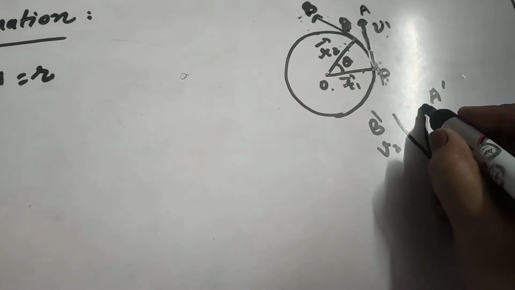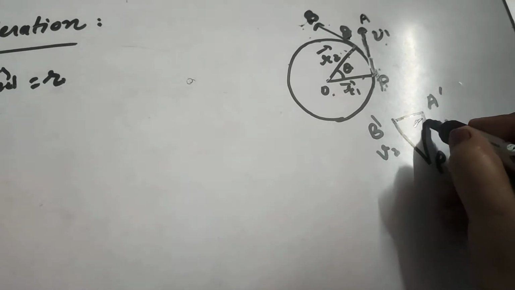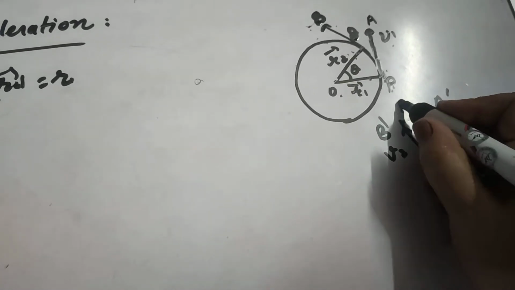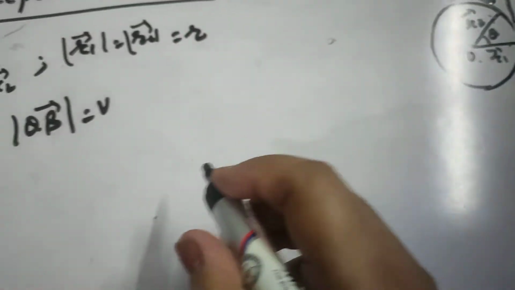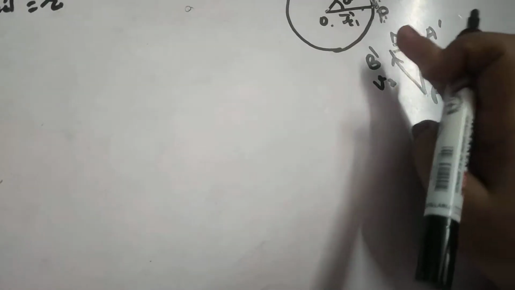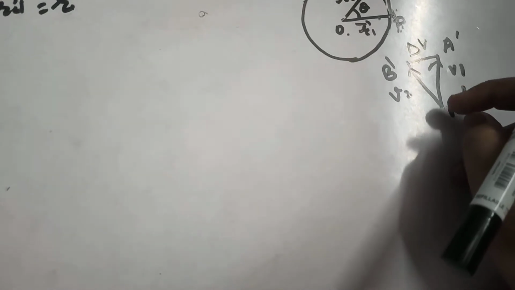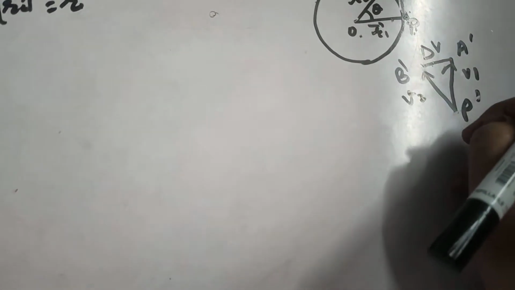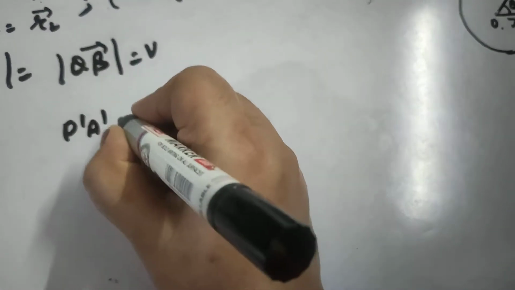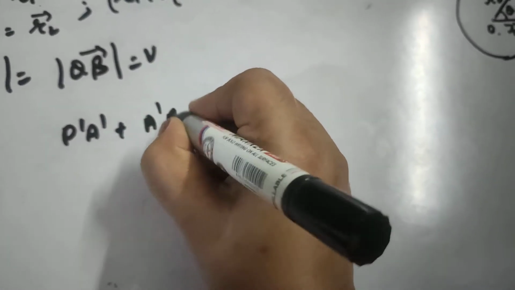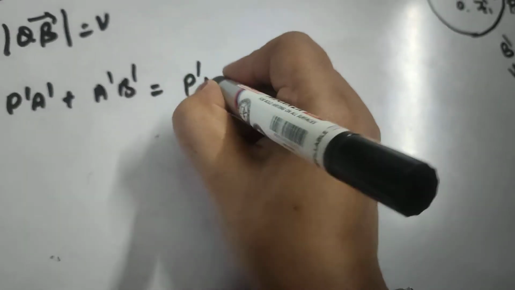Clearly the vector A dash B dash represents the change in velocity, delta v. By applying the triangle law of vector addition, v1 plus delta v is equal to v2, so P dash A dash plus A dash B dash is equal to P dash B dash.